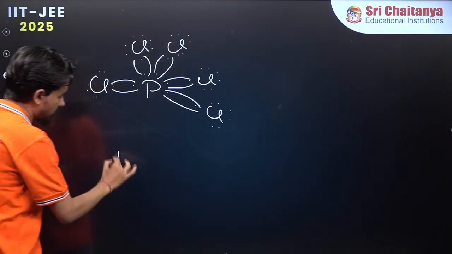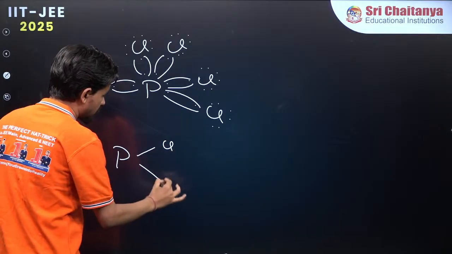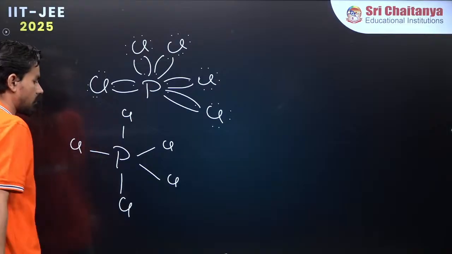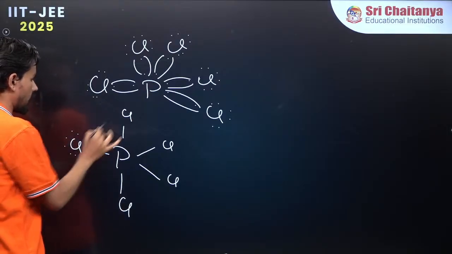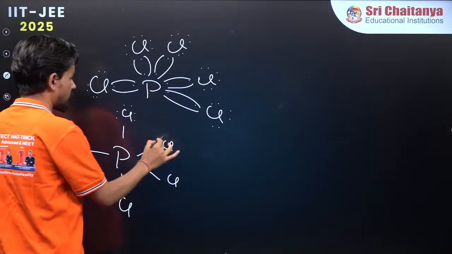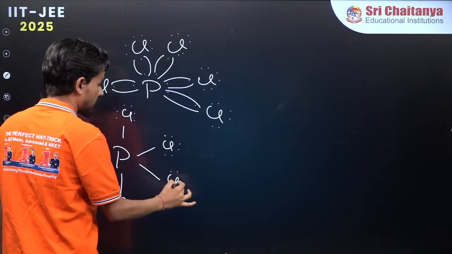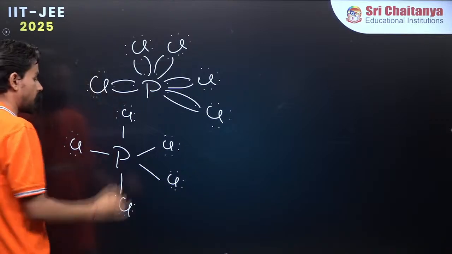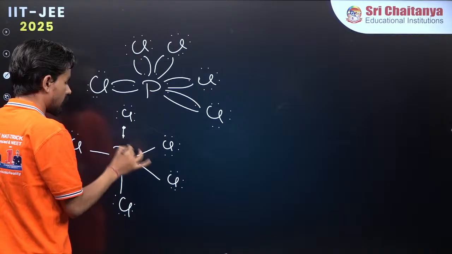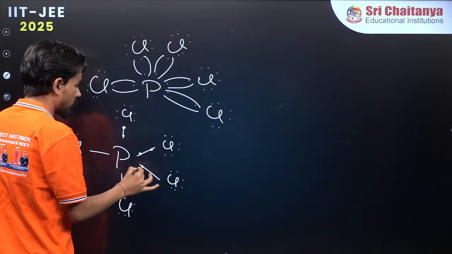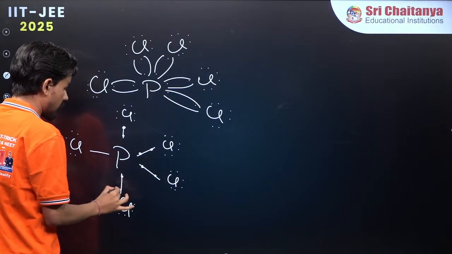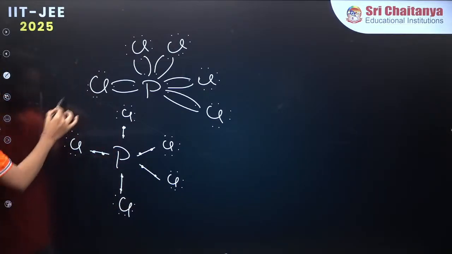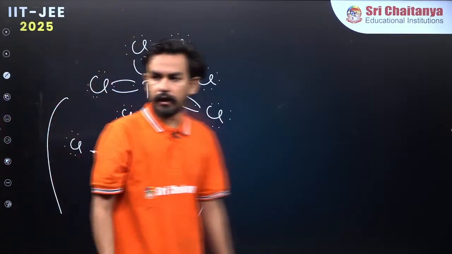So this structure will look like Cl, Cl, Cl, Cl, Cl, and every chlorine will have 6 unpaired electrons. If you see how many electrons are around phosphorus: 4, 6, 8 and 10 electrons. 10 electrons you can see.